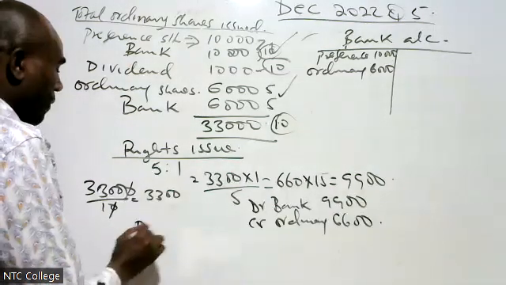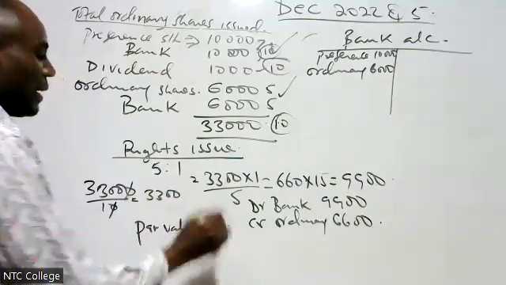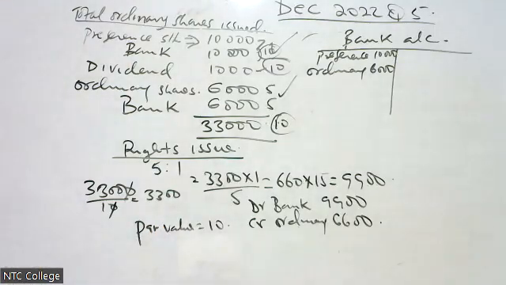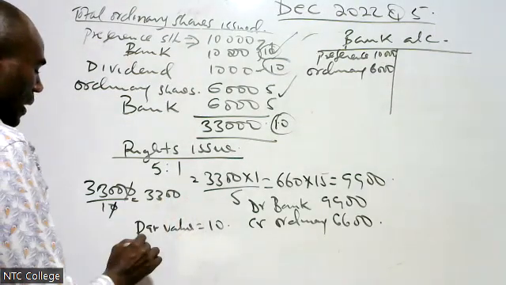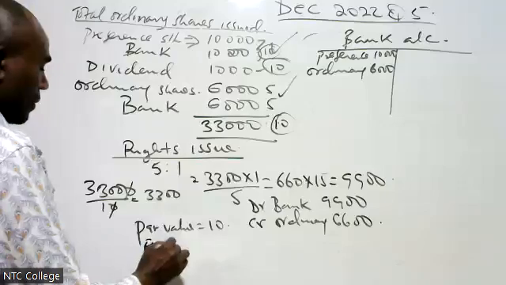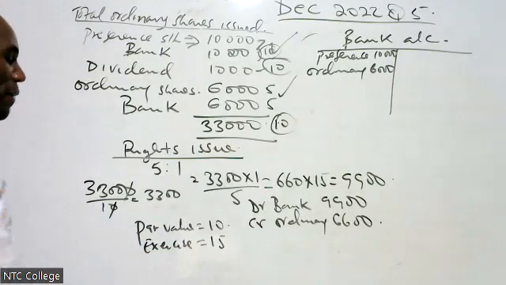Remember, par value equals 10. Exercise price is 15. Therefore, it means we issued these shares at a premium.